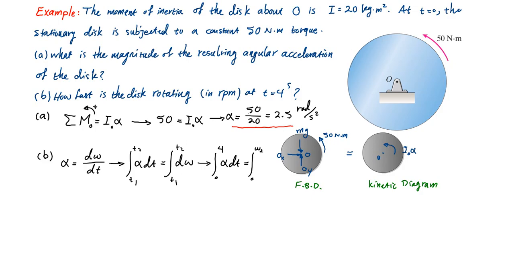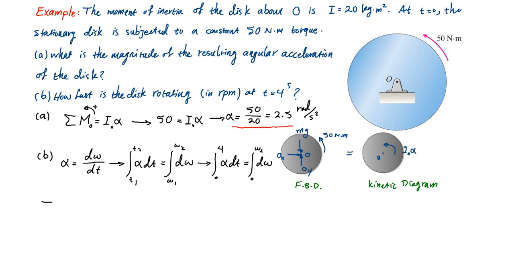Well, I have to fix the limits for this one. This should be omega, right? We're taking the integral over omega, so it goes from omega 1 to omega 2. Omega 1 is 0. Omega 2 is just omega 2. That's what I'm looking for, d omega. Now, alpha is constant, right? So it comes out.